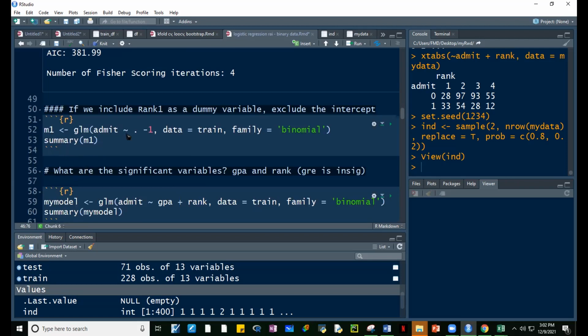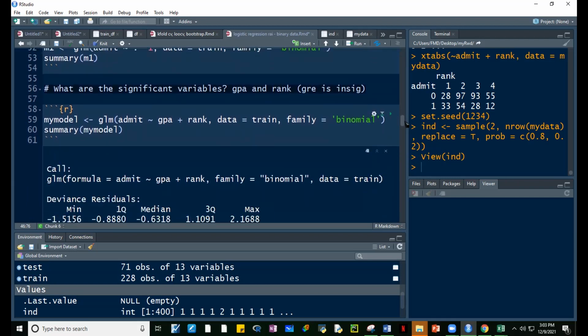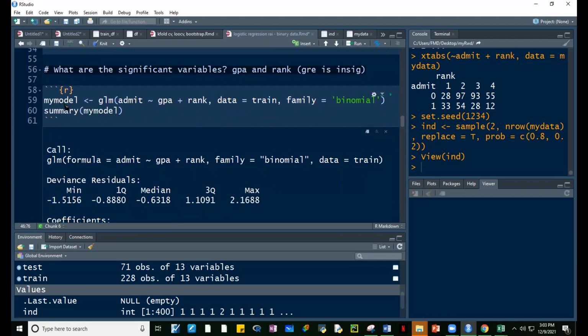So we can regress admit on everything but -1, which means the intercept is not included. Now we create this model, removing GRE, GPA, and rank.